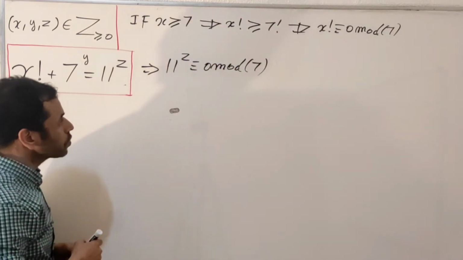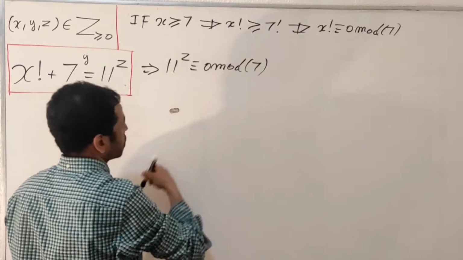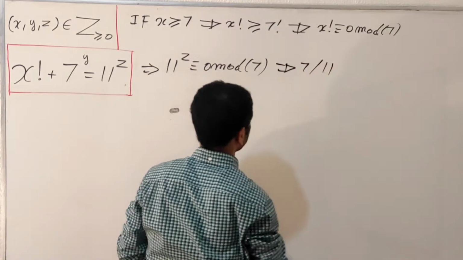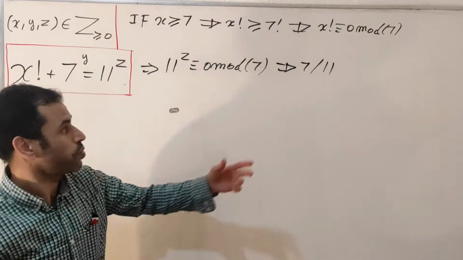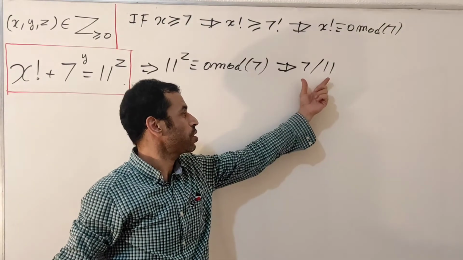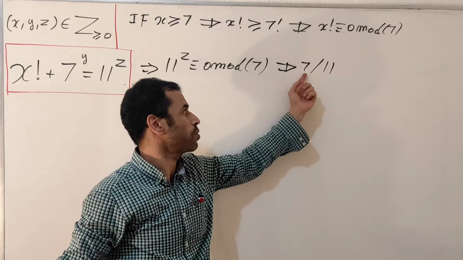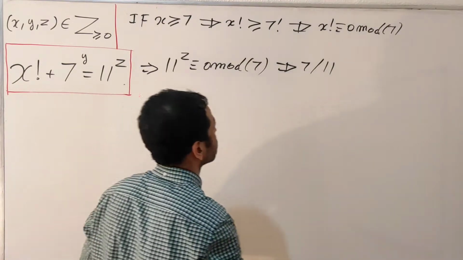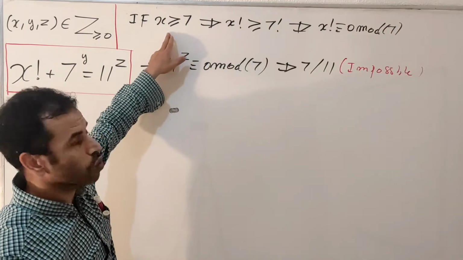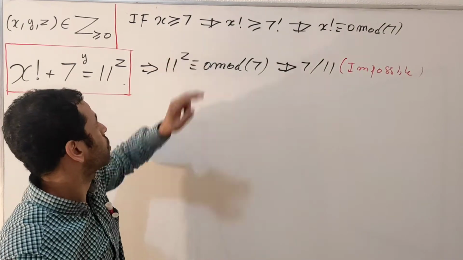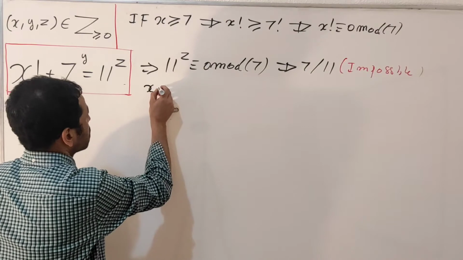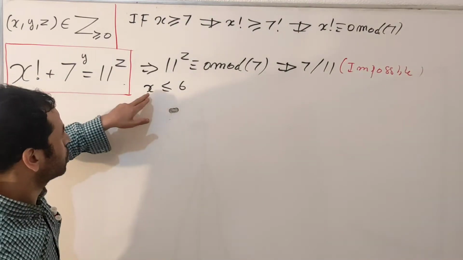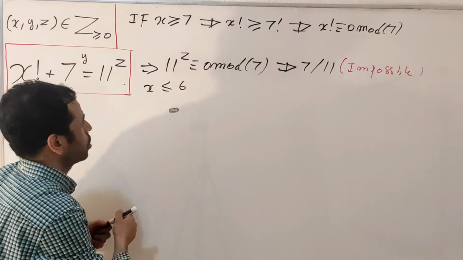This is telling us 7 divides 11, but it's not true because both numbers are prime, so it's impossible for 7 to divide 11, which is a contradiction. So we have no solutions above this point, which means x is less than or equal to 6. So the solutions for this equation are in this interval.